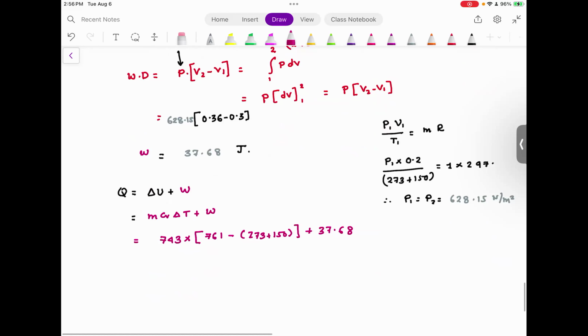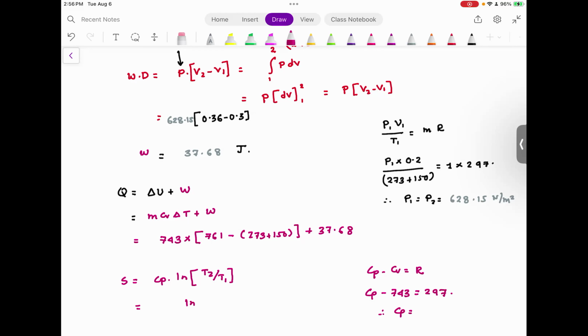And the last is entropy, which is Cp ln T2 by T1. So Cp value can be found out since R value is given. Cp minus Cv is equal to R. Cp minus 743 is equal to 297. So you can get the value of Cp.